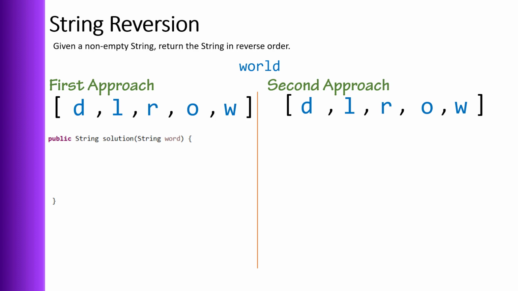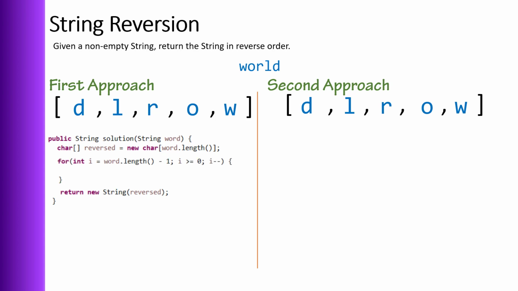So this is the method that we need to fill. public String solution(String word), so we are accepting a string, and then we will be returning a string. As mentioned earlier, we have to create an empty array with the size of the length of the word. And then we should return a string equivalent of the reversed array.